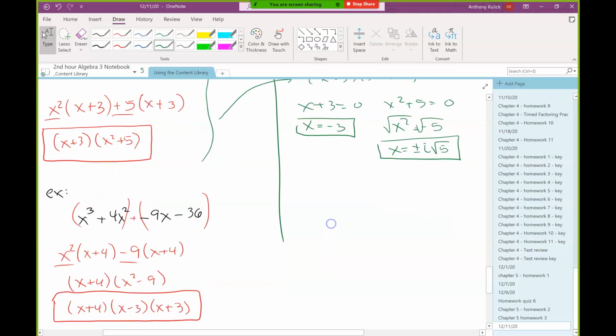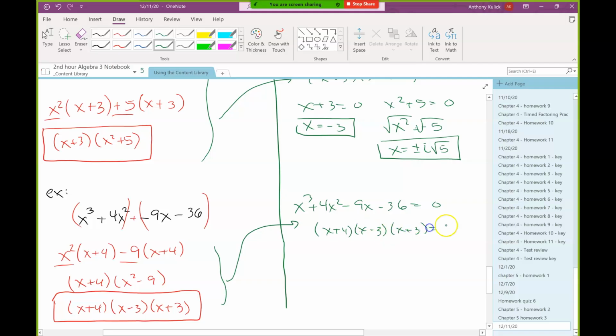So subtract 4 from both sides, add 3 to both sides, and subtract 3 from both sides. And those are my solutions. That one turned out to be the easiest solving problem because all of the factors were linear. They just had x's, there were no x squared, so it made the solving a little bit easier.